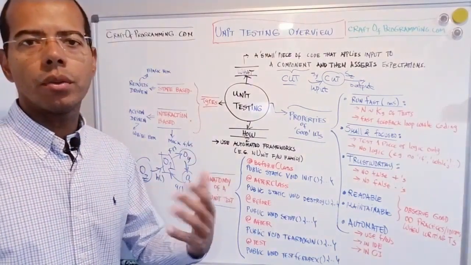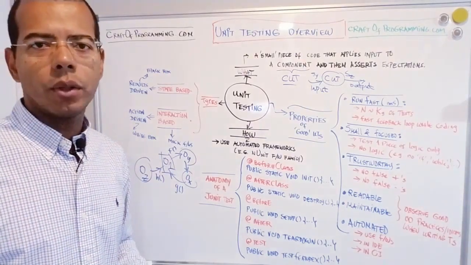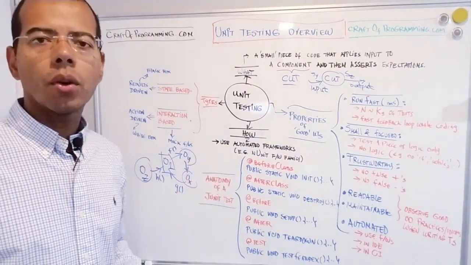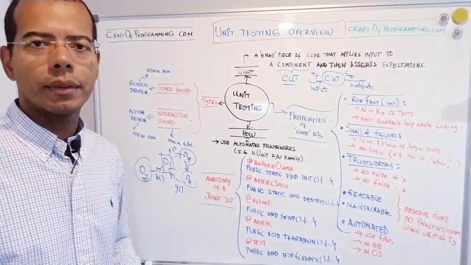So we're going to go through an example, as realistic as possible, and we're going to be covering all of the features of JUnit 4 as well as JUnit 5.